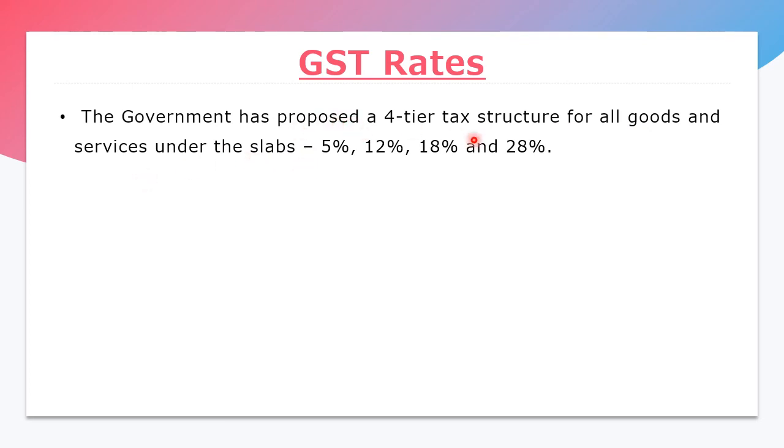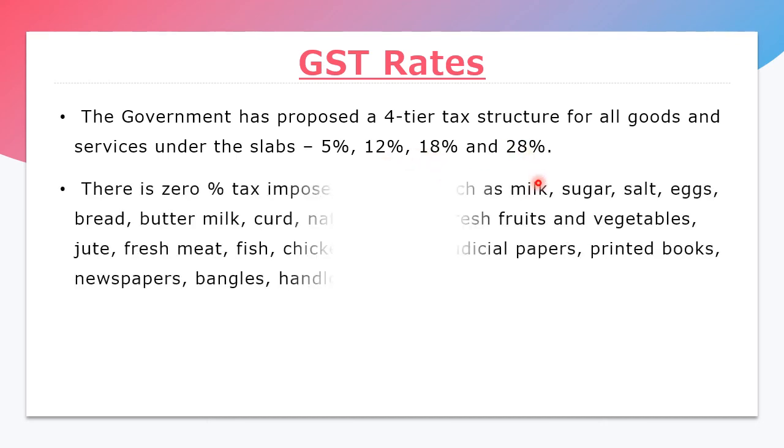See, government ने फोर इसमें इसको डिस्टिंग्विश किया है कि किस परसेंट में हम लोग को टैक्सेस या सर्विसेज के जो टैक्स लगते हैं वो कैसे लेने हैं. 5%, 12%, 18% एंड 28%. तो गवर्नमेंट हैज प्रपोज अ फोर टायर टैक्स स्ट्रक्चर. ये टर्म क्या है, टैक्स के स्ट्रक्चर दिए हैं कि किस तरह से गुड्स और सर्विसेज के ऊपर जो टैक्स लगता है वो किस परसेंट में लगना चाहिए. 5%, 12%, 18% एंड 28%.